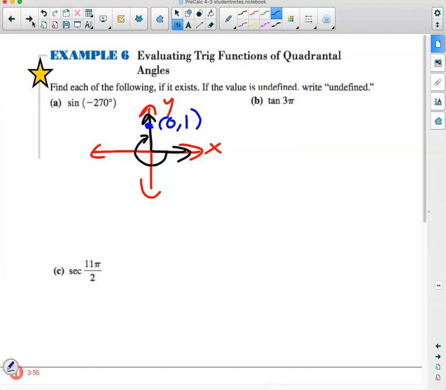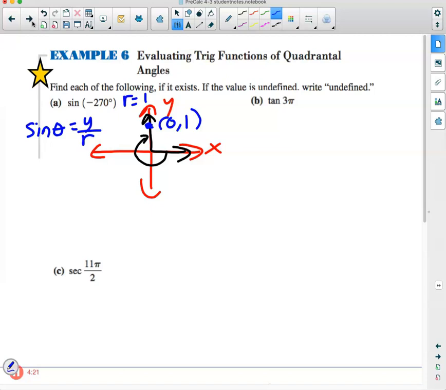And now I think about sine, and I remember, okay, sine is y over r. That's our coordinate trig. Well, given that I just drew this at 0, 1, the radius would be the circle from the center, and that means it has a radius of 1, which makes this even better.